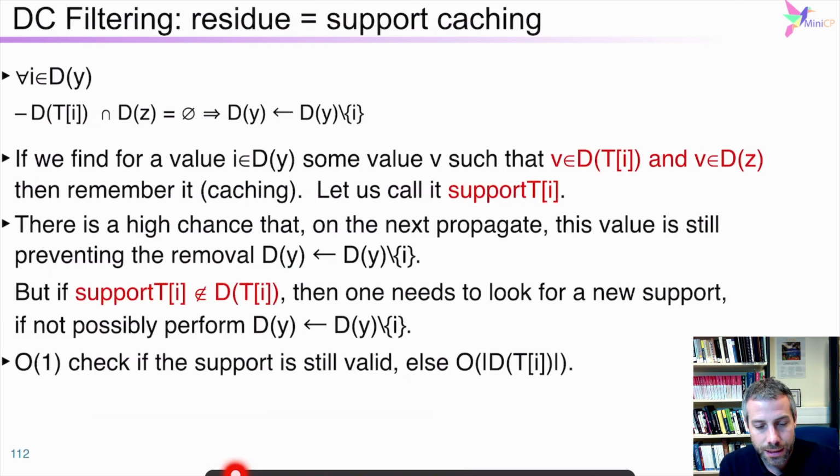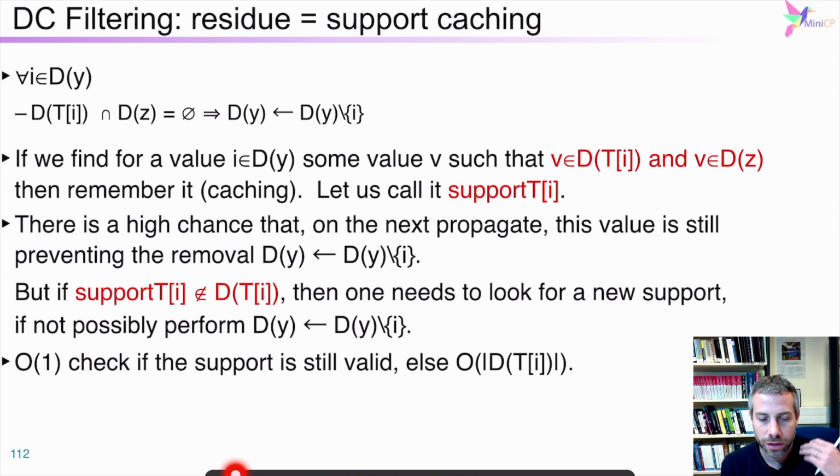In case it's not empty, so in case we cannot remove this value I, then we should remember the common value that is part of the two domains. We will remember at least one value that is part of the two domains, and we will store that value in support T of I. So for every index I, we will remember that value from the domain of Ti that is also part of the domain of Z.